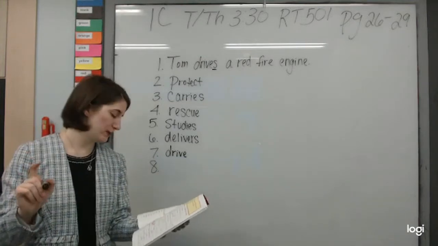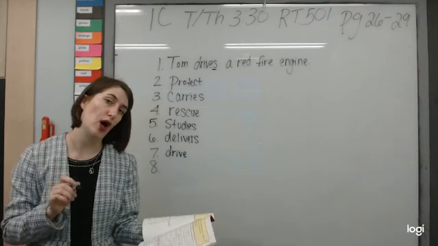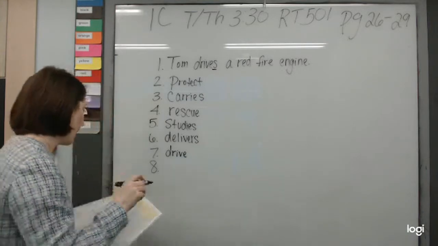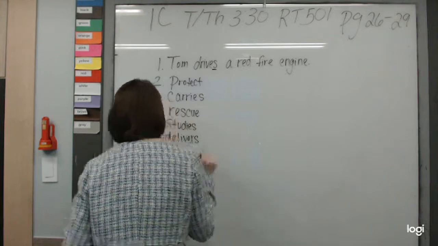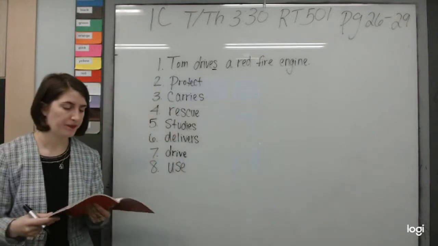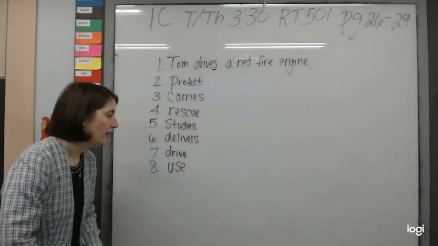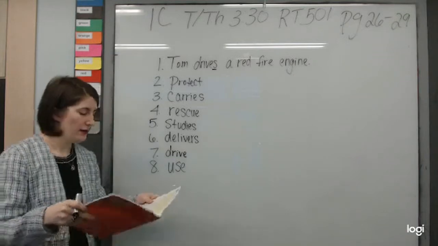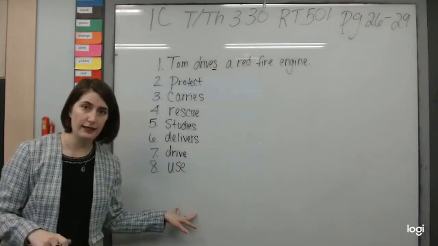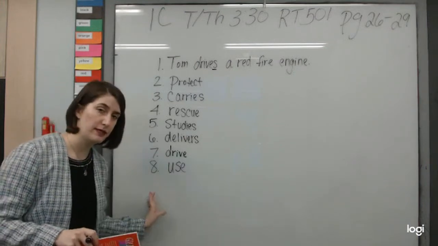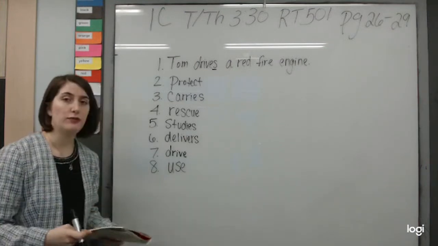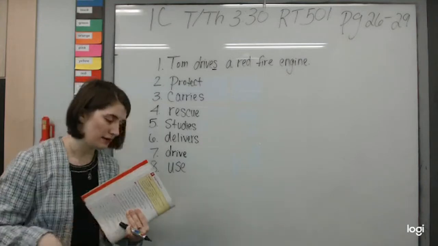I use my radio to talk to people. All right. So that's the end of page 26. Hopefully this made some sense to you. We are going to move on to page 27 now.